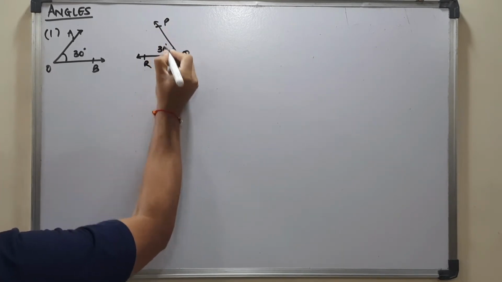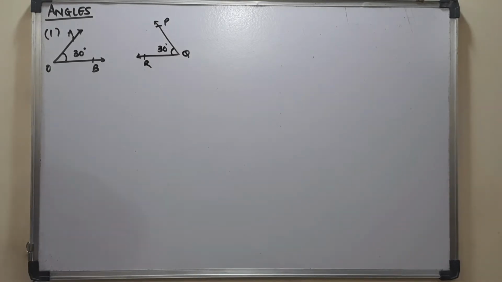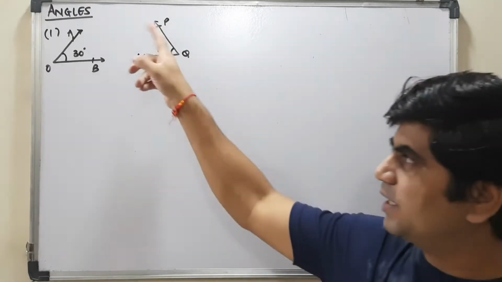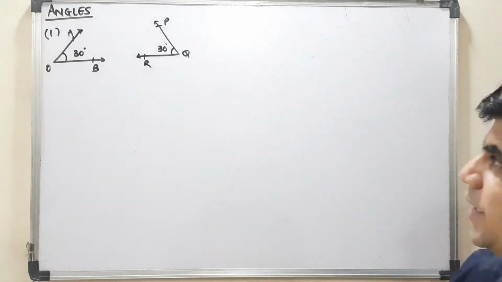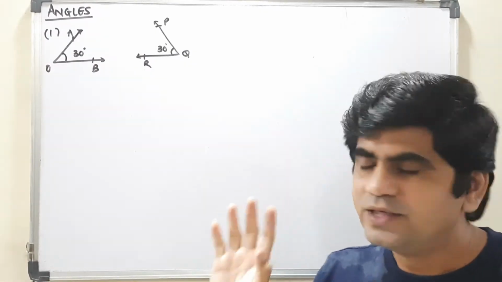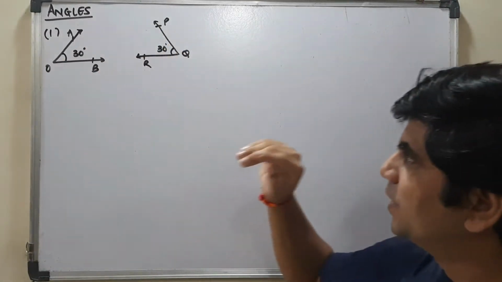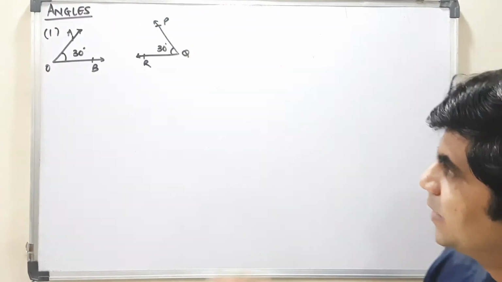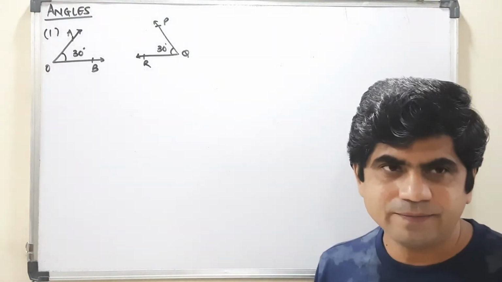That also measures 30 degrees. So these two angles are there. In lower standards, we said angle AOB measures 30 degrees, angle PQR measures 30 degrees. Both measure 30 degrees. That means angle AOB and angle PQR are congruent. That much only was our vision till then.